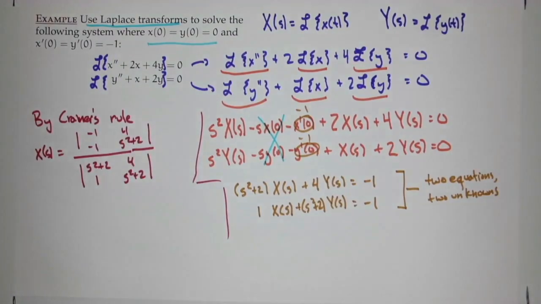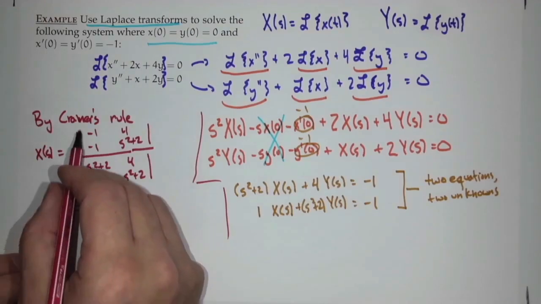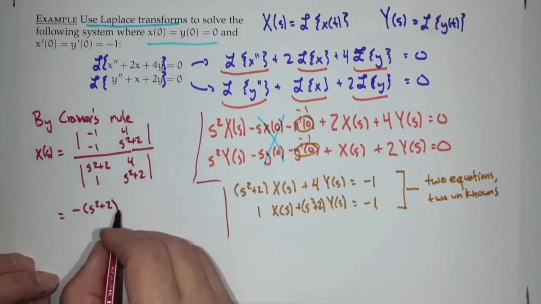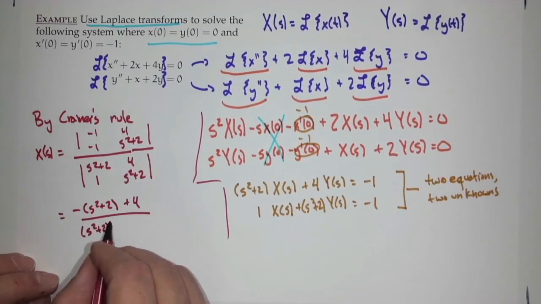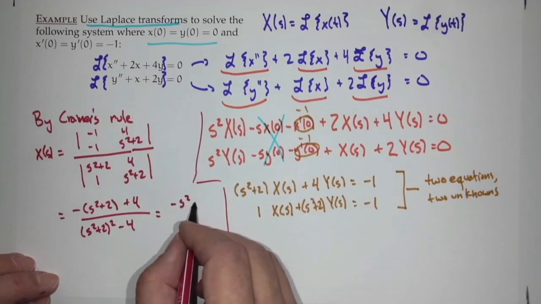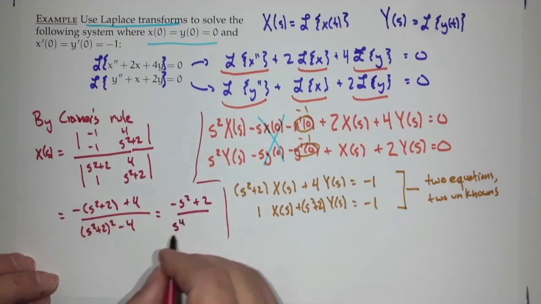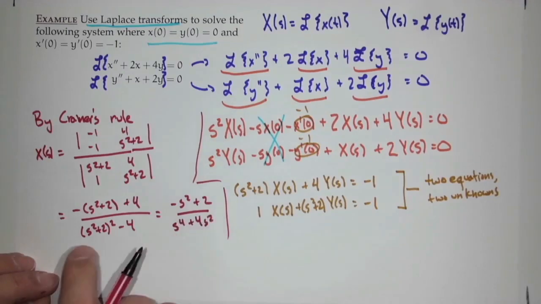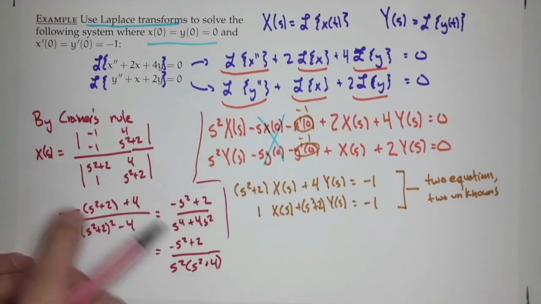Taking the determinant upstairs, you get minus s squared plus 2, multiplying down, subtract minus 4, which really means plus 4. Downstairs, you get s squared plus 2 squared, subtract 4. If you clean this up, the numerator is minus s squared plus 2. Squaring the denominator gives s to the 4th plus 4s squared plus 4 minus 4 is 0. That becomes minus s squared plus 2 over s squared times s squared plus 4. So that's x of s.